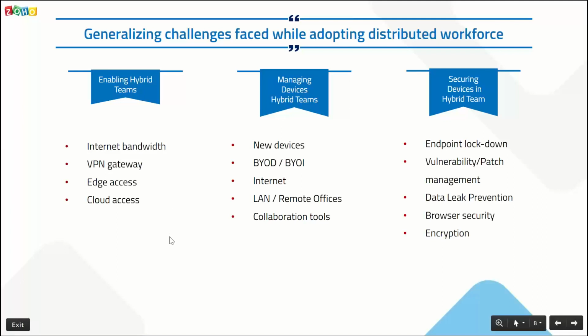We should also factor in an onslaught of new devices, own devices, internet roaming and devices on LAN, and a variety of collaborative tools. When it comes to securing work from home devices, we might have to go beyond just patching and ensure endpoint lockdown and encryption, data leakage prevention, and browser security.